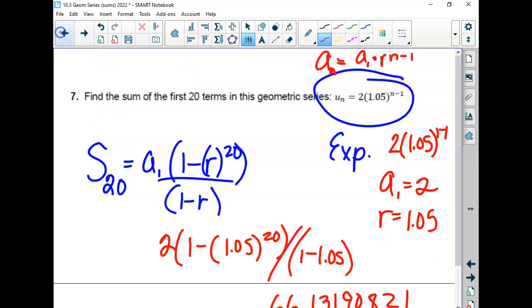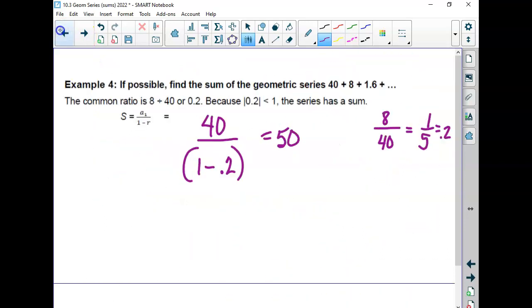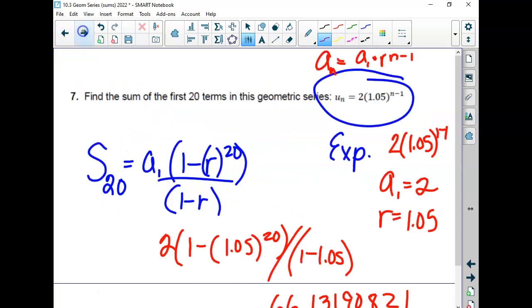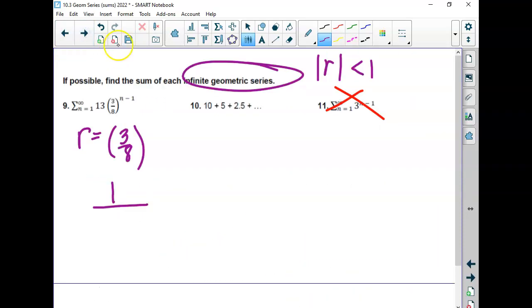Is it a sub 1? I already forgot the formula. A sub 1 divided by 1 minus R? Yes. Here's the formula. So all we have to do is find the first term. Sorry, where did my pens go? What happened? There we go. Yikes. It's a sub 1 over 1 minus r. What's a sub 1?